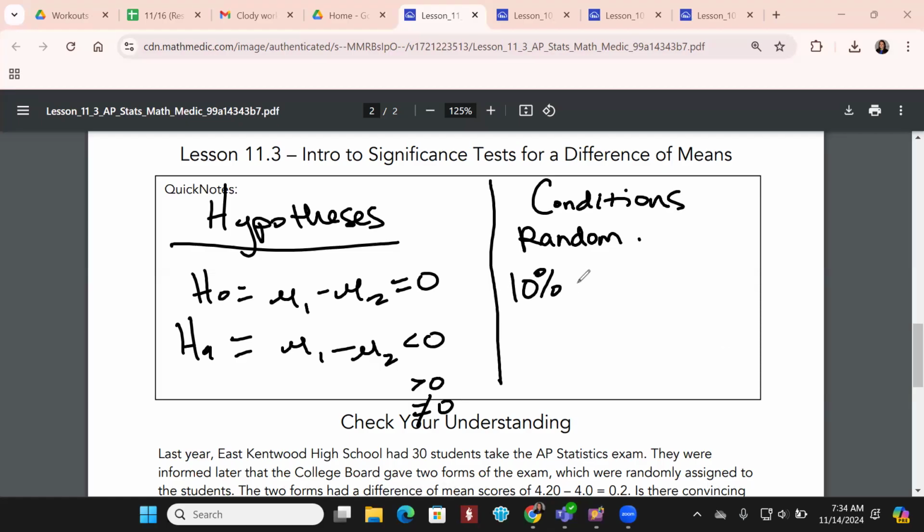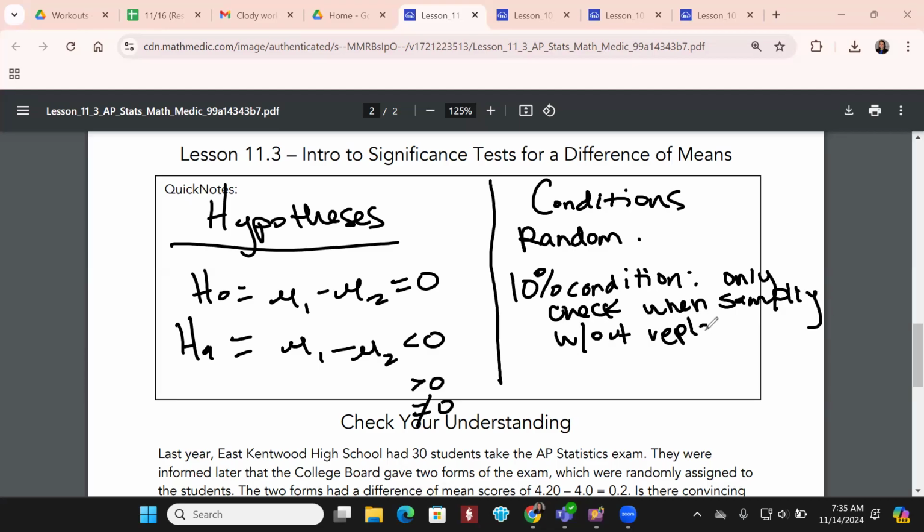You're only going to check when sampling without replacement, and n1 is going to be less than 10% of the big N1, your big sample.